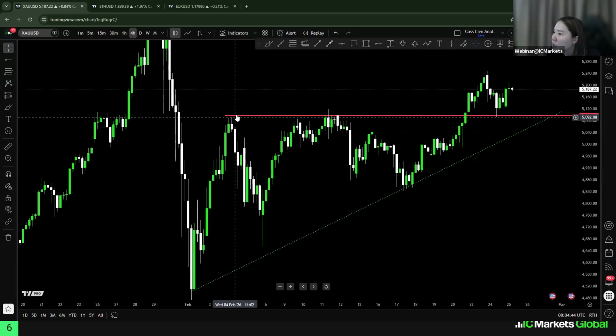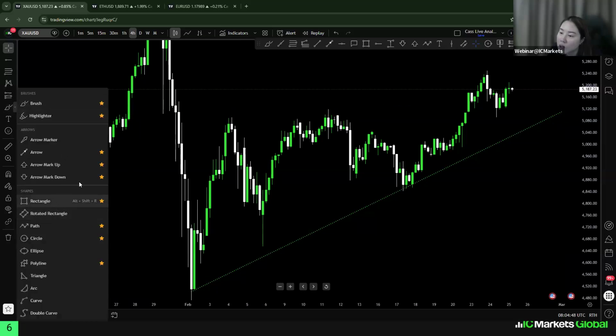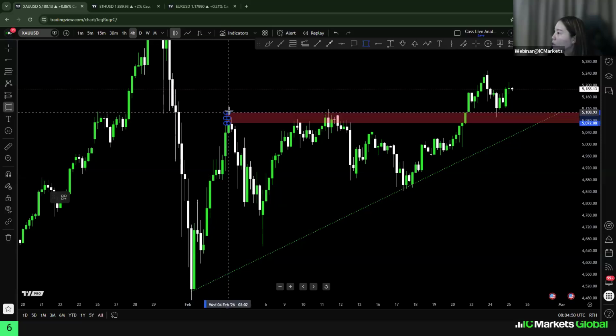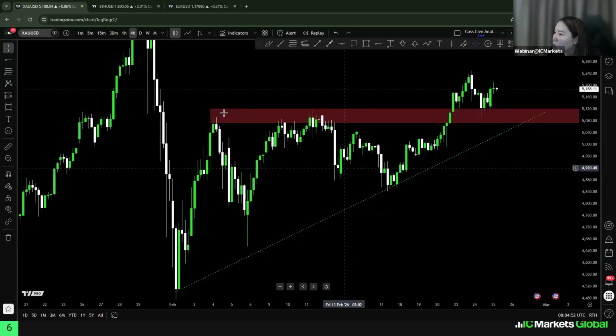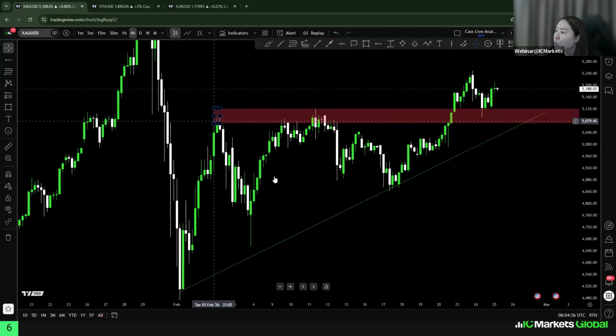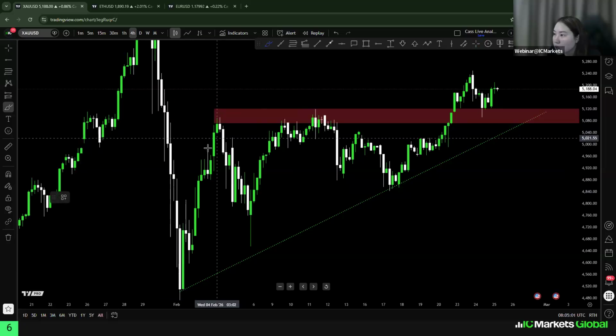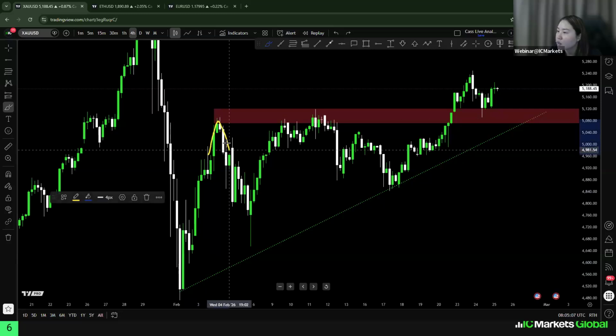Why did I choose this particular area? Do remember, guys, zones are never just one line. It's always like a box, a zone. This is a zone where price tends to go. We can see it's evident here. Price came here and reversed. Sorry, let me change this to a different color.